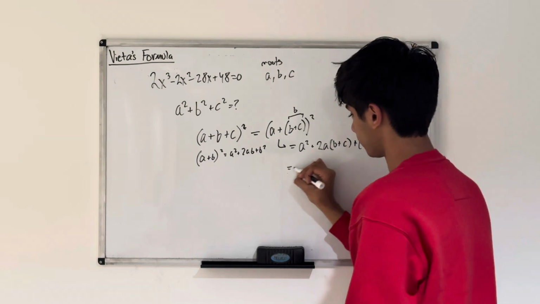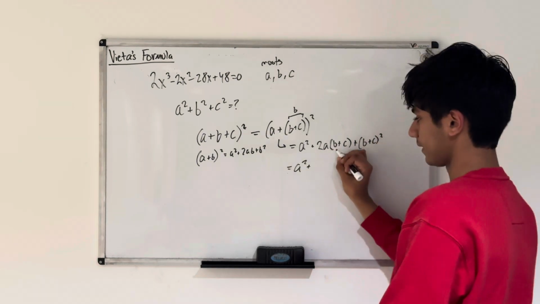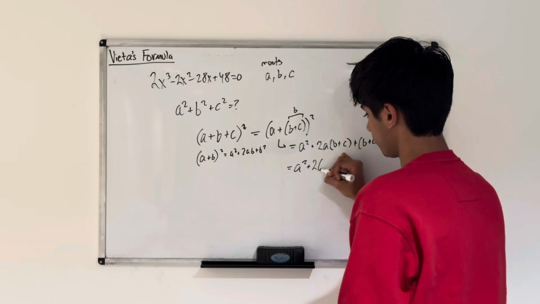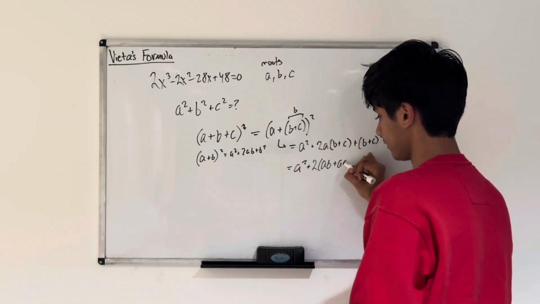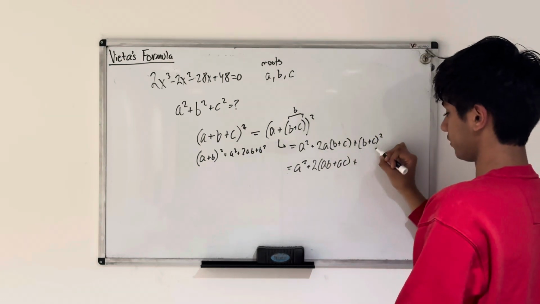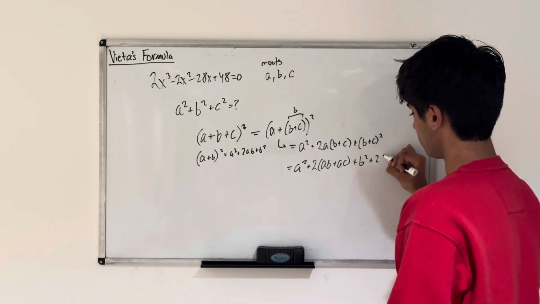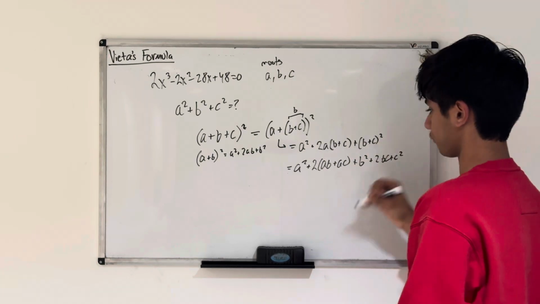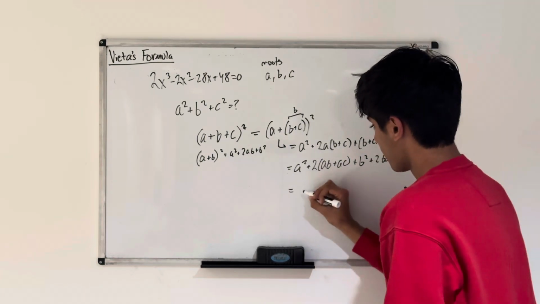So we distribute the a, we get 2 times ab plus ac, plus b squared plus 2bc plus c squared. Again, we're just expanding it. And then we can collect the terms.